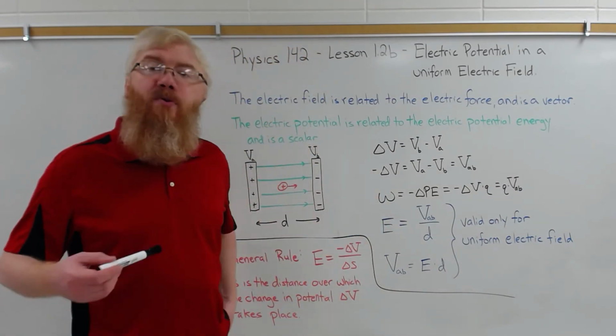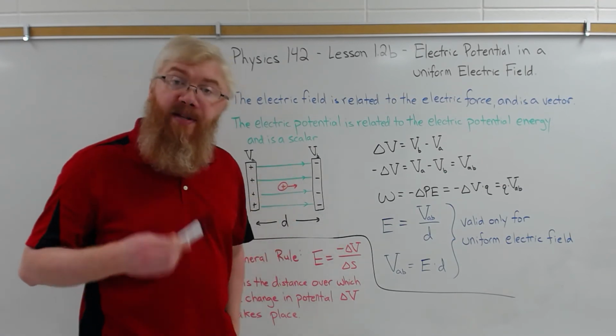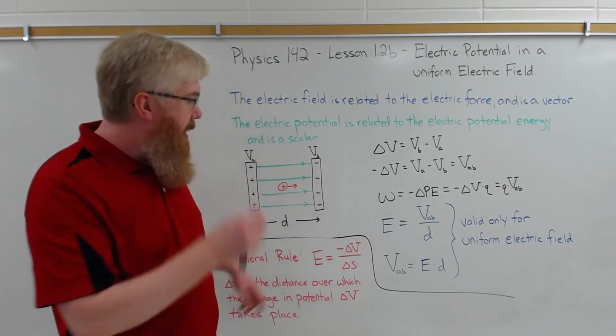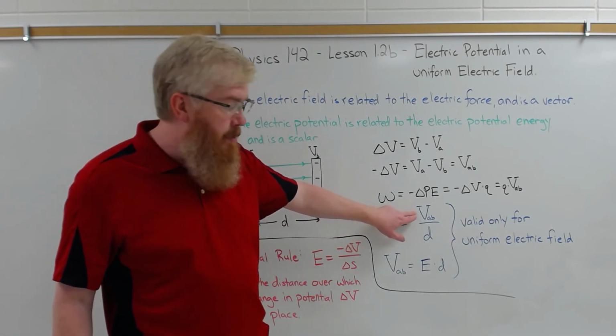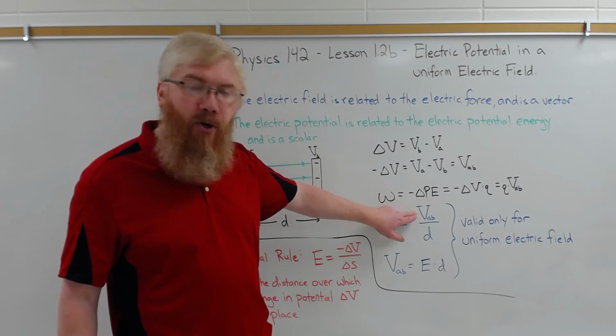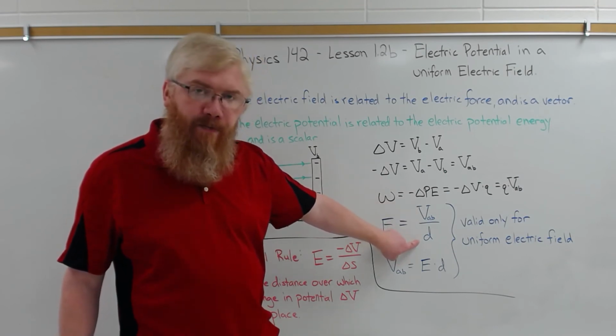If we have a uniform electric field, it has to be uniform for this next step to work. The electric field is related to the change in potential, right, the electric potential between the two terminals, divided by the distance between those terminals.